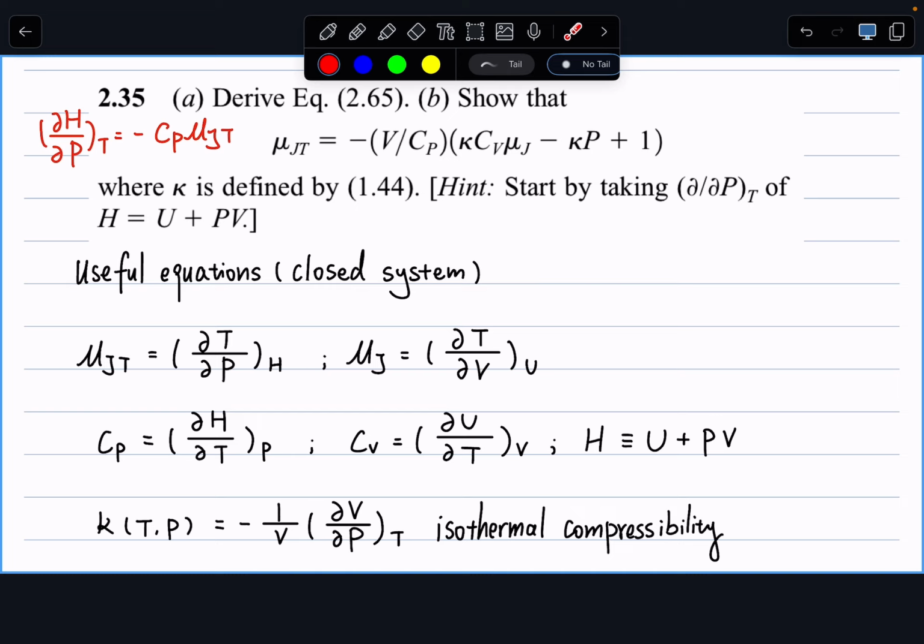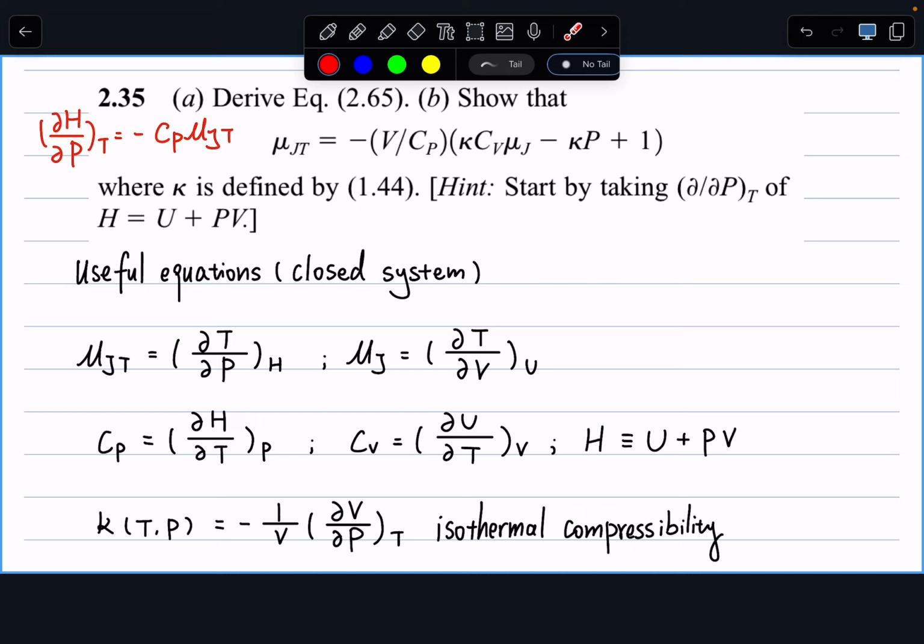The partial derivative of U plus PV over dP at constant T. We can write it out as dU over dP at constant T plus P times dV over dP at constant T plus V times dP over dP at constant T. This part is just writing d(PV) equals P dV plus V dP, using the definition that enthalpy equals U plus PV. And these 2 terms cancel out with each other.